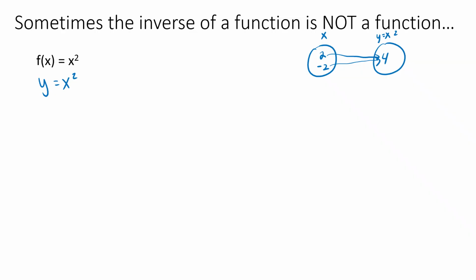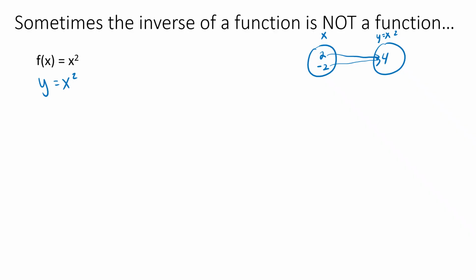Now, that's not a problem for this function. That's still a function, because the definition of a function is every x maps to only one y, which is totally fine. Each of those x's is only mapping to the 4.